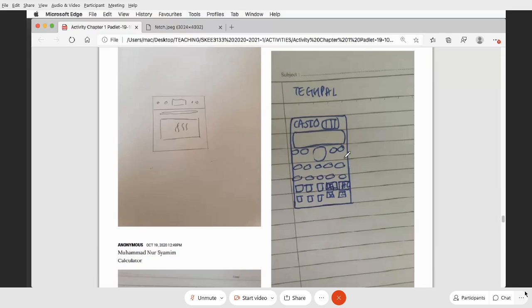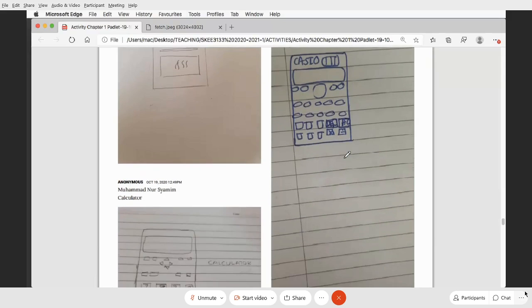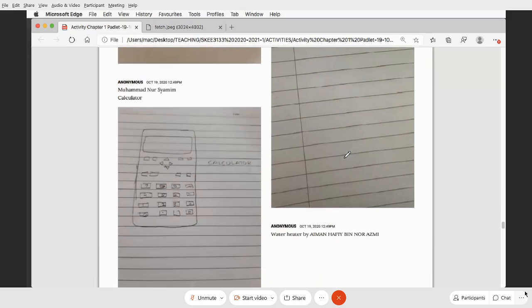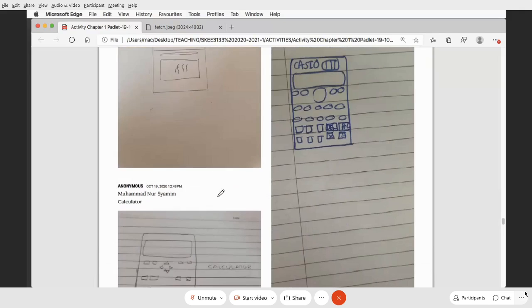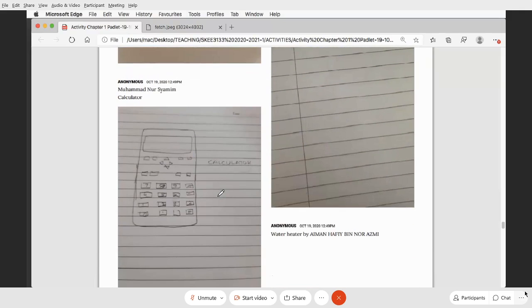This is the system itself, but no control action. This is just calculation. This one also, calculator. What do you want to explain, calculator, to be a control system?